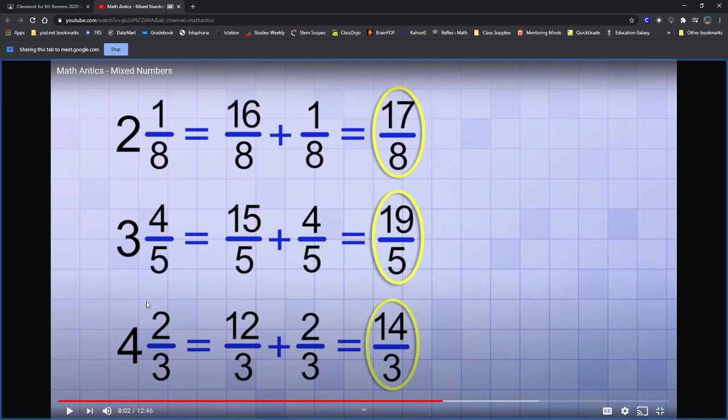So this is a little closer to the method I'm going to show you all how to use, but it'll be something similar to this. We'll be using some multiplication, but it's not exactly the way that he's doing it here. We do ours a little bit differently.